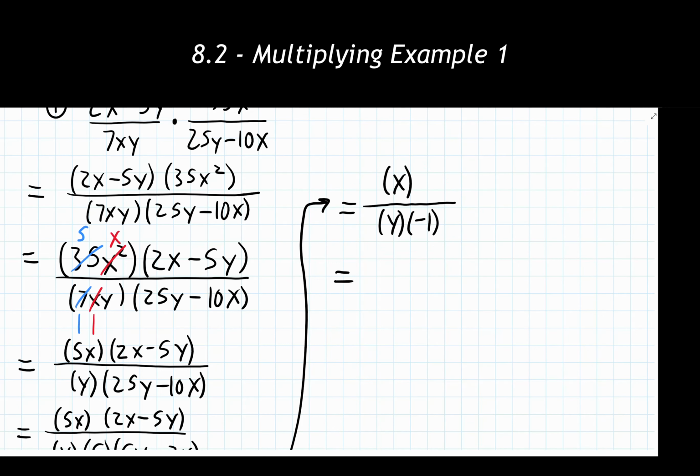I have an x up top, can't do anything with that. Y down below, can't do anything with that. I have a positive up top divided by a negative down below, which means I'm going to get a negative answer. And the final fraction, or rational expression, is going to be negative x divided by y.